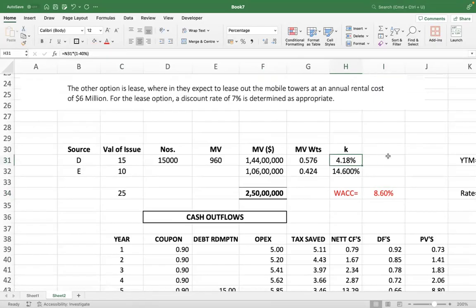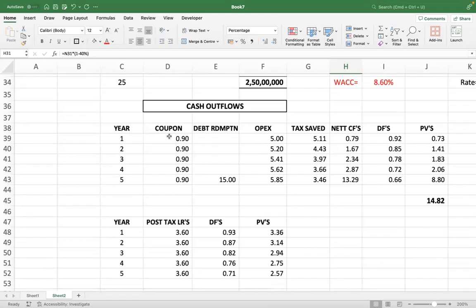Please pay attention. Many theories suggest that WACC mein I have already taken post-tax cost of debt. So then I should not consider the post-tax interest here. है कि नहीं? Interest should not be considered. Coupon should not be considered for tax saving.